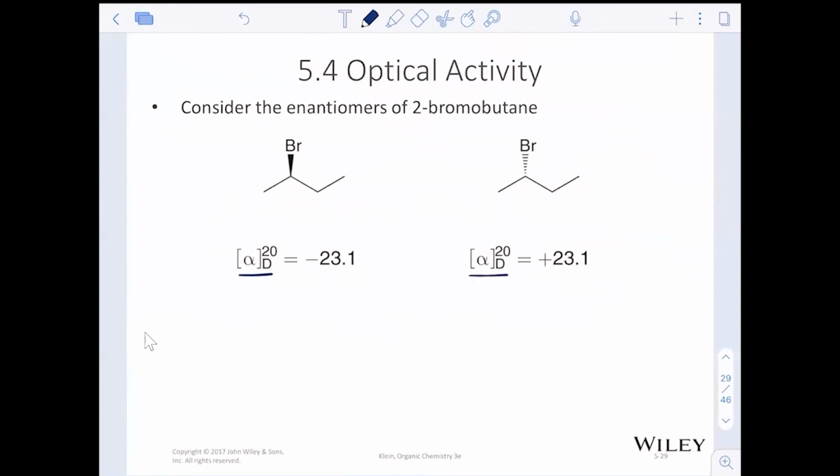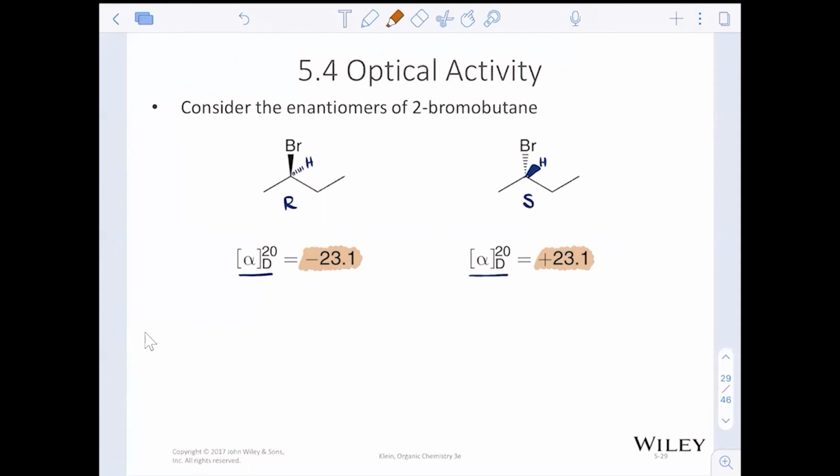When we look at these two enantiomers of 2-bromobutane, we see that there is a chiral center. Take a minute, quickly identify whether it's R or S. Pause the video. This one should be R. This one should be S. An alpha D20 for a pair of enantiomers is exactly the same, just opposite in sign, to tell you whether it rotates to the right or to the left.